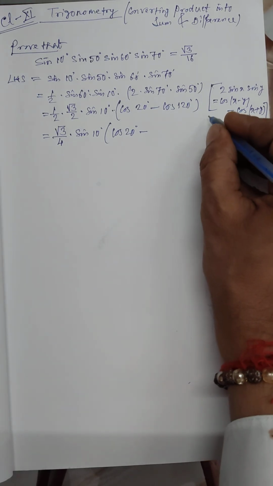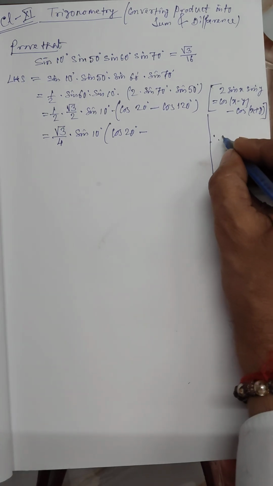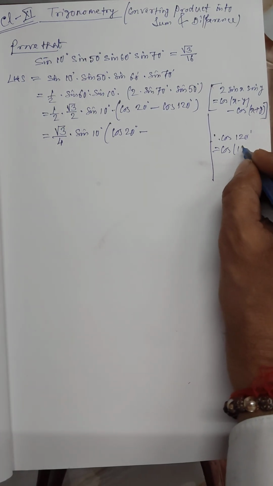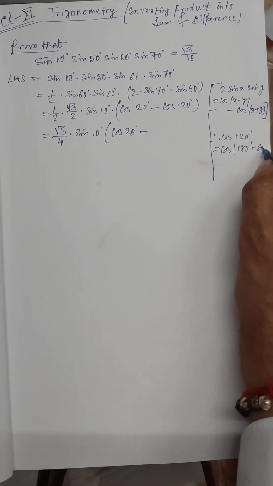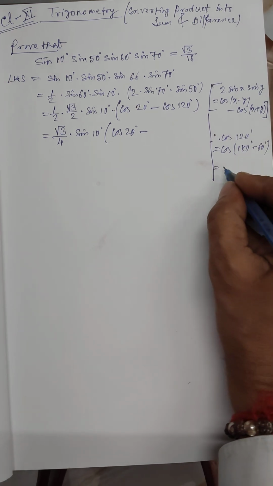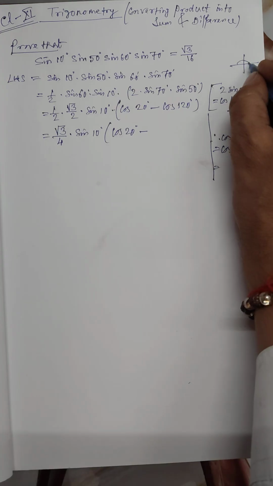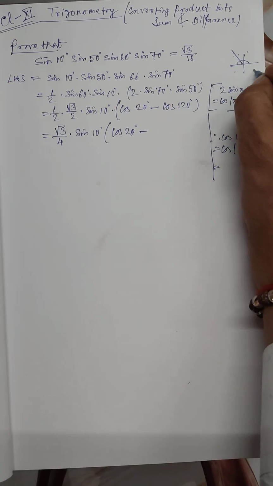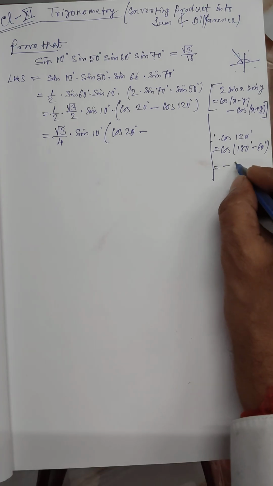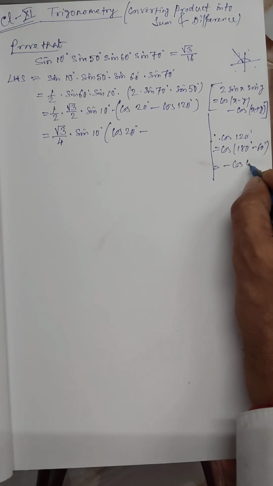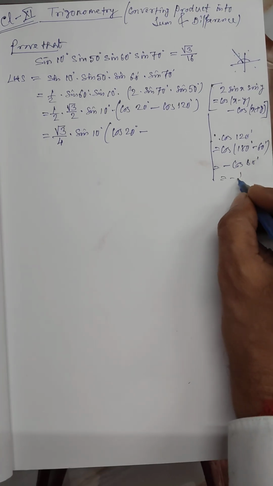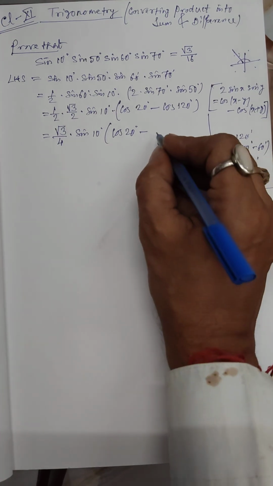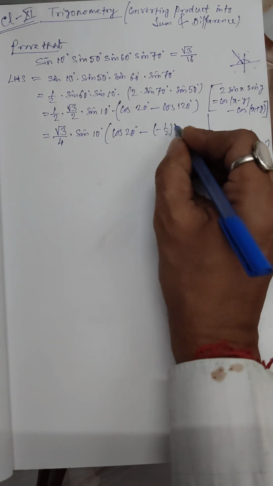The value of cos 120 degree is equal to cos 180 degree minus 60 degree, that is in the second quadrant. All sine, tan, cos: so cos is negative, minus cos 60 degree, that is equal to minus half. So the value of cos 120 is equal to minus half.